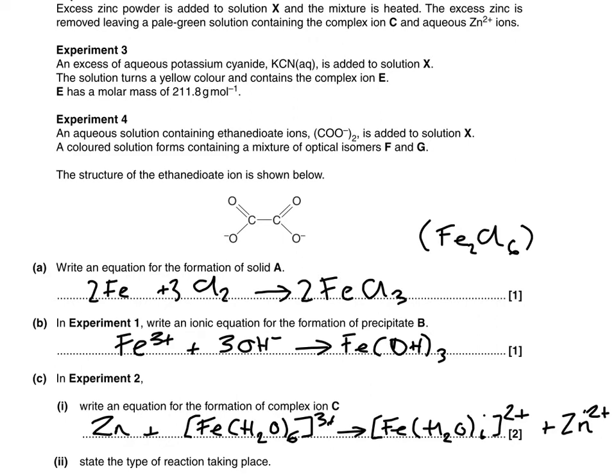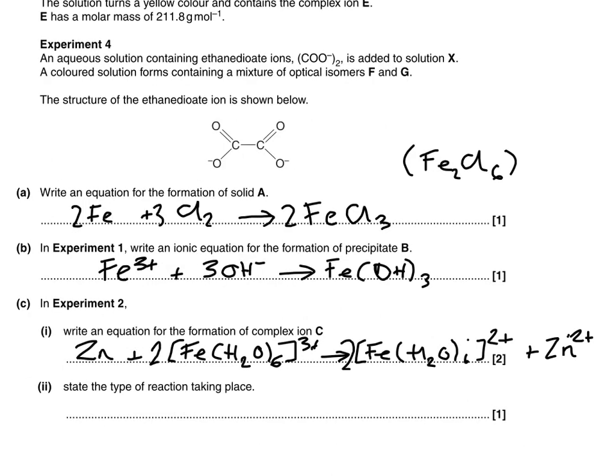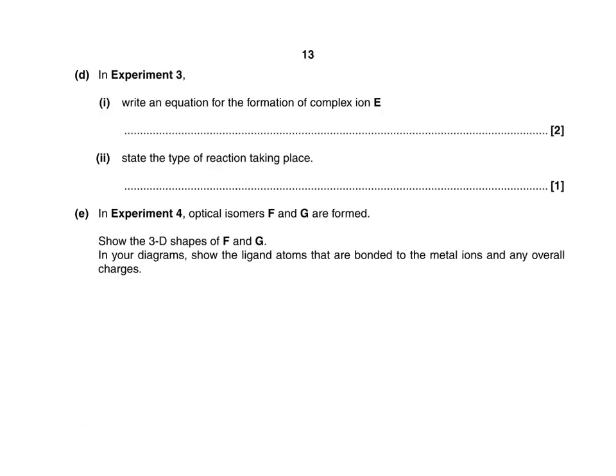Now, to get this to balance, each zinc gives 2 electrons, so we need twice as many iron complexes, which will each gain 1 electron. So this type of reaction that we have going on is redox. Our zinc was oxidized and our iron was reduced.